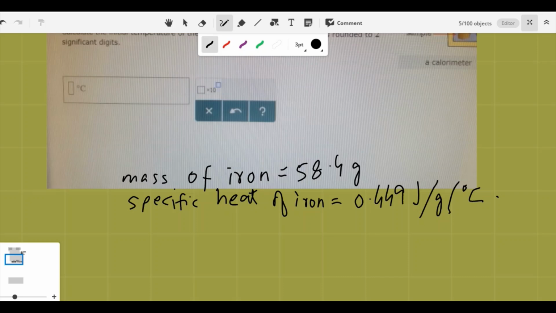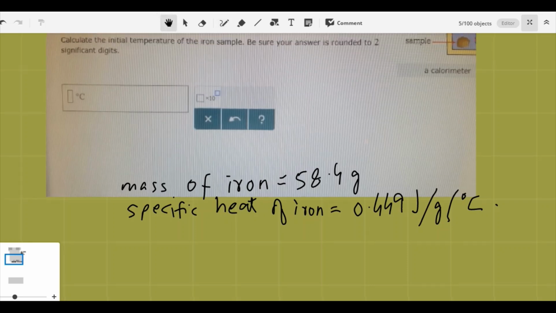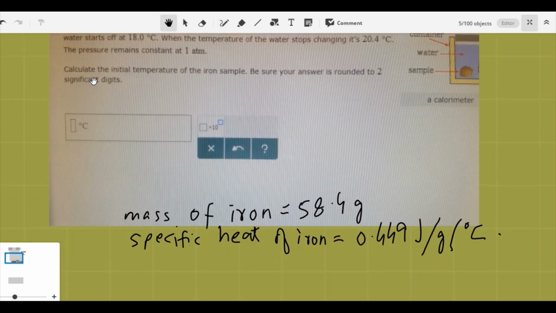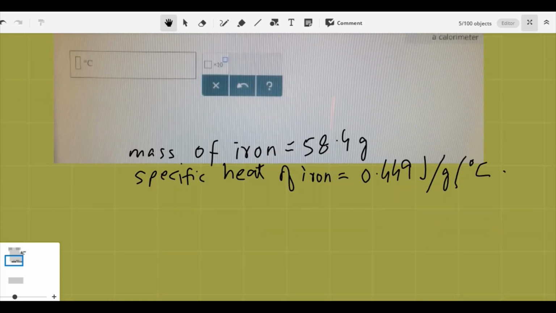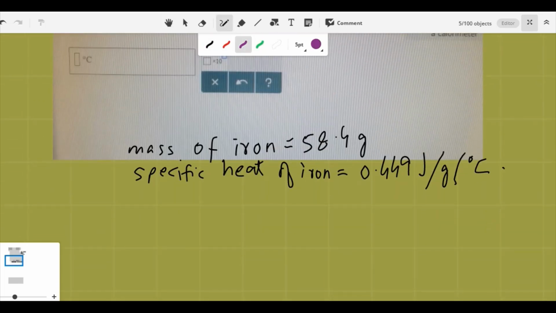Now the next one, we have to calculate the initial temperature of iron. So I am going to write the initial temperature with a different color. The initial temperature of iron we have to find. Let's suppose I write T in degrees Celsius, that is unknown.